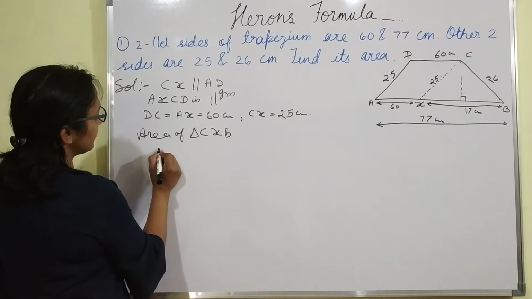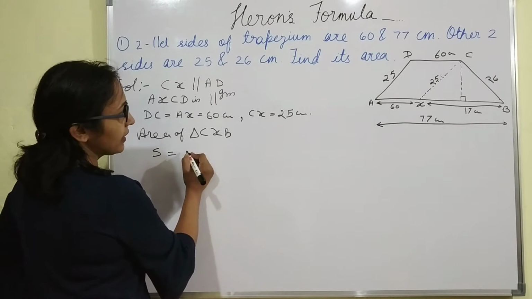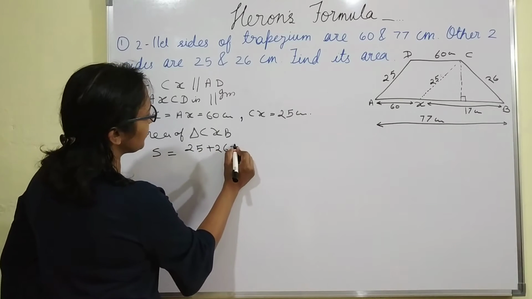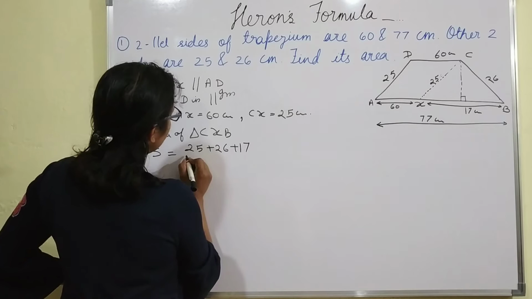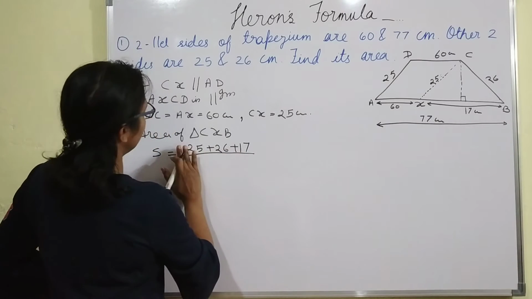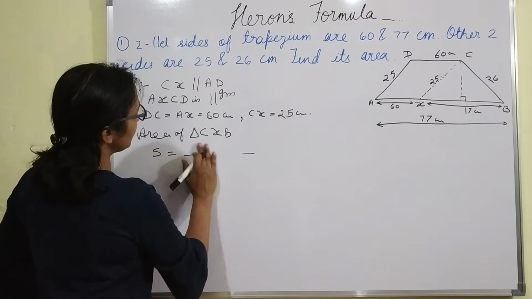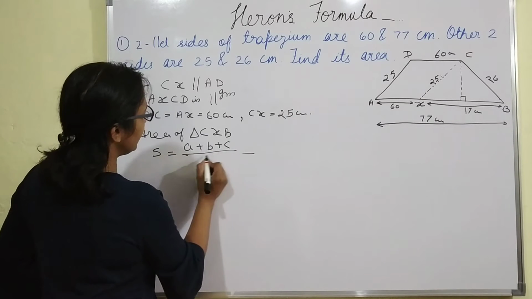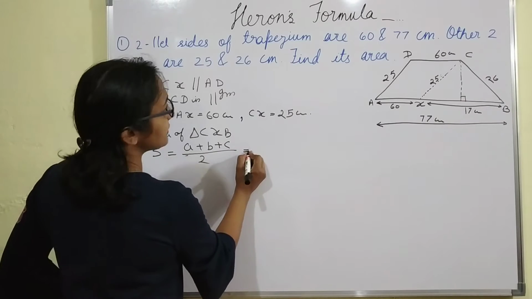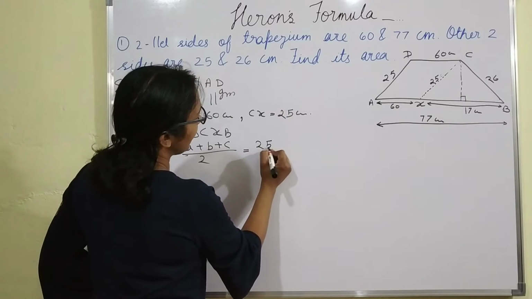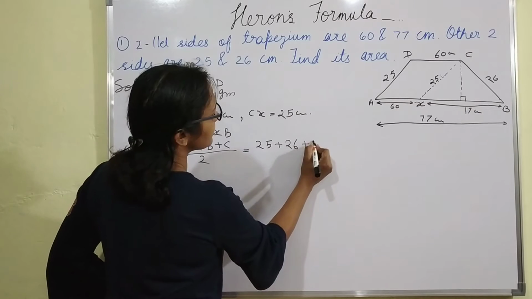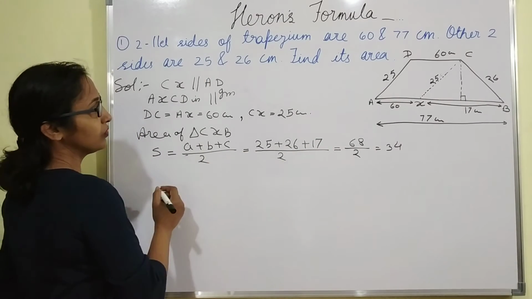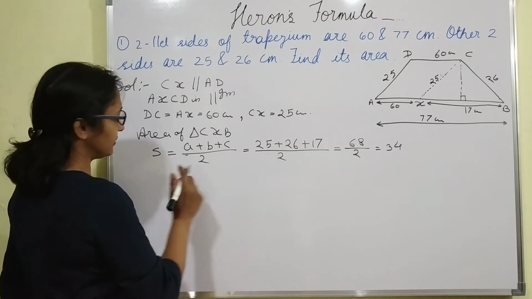So S equals, first I am writing the formula, A plus B plus C divided by 2, that is 25 plus 26 plus 17 divided by 2. So the value of S is 34.